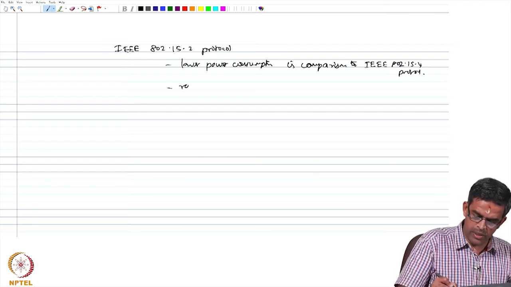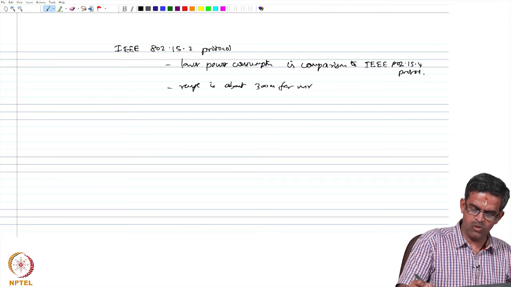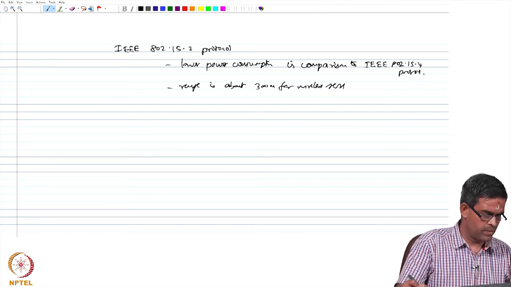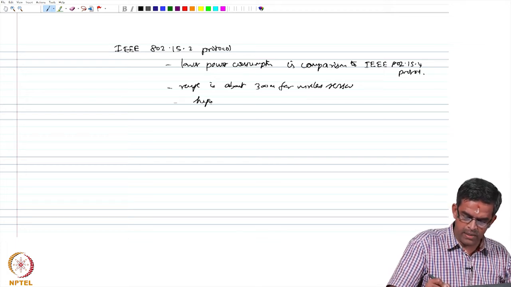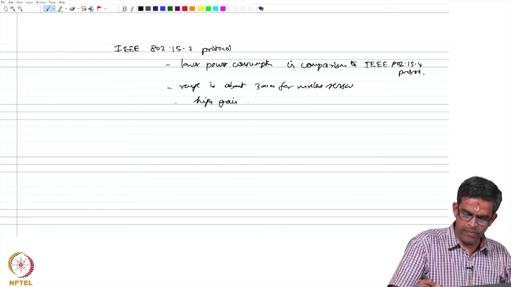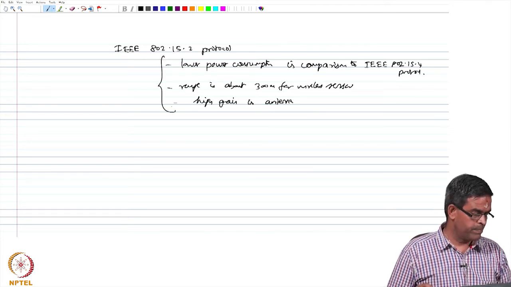The range is about 300 meters for the wireless sensors to be connected, and there is a high gain in antenna signal. So, these are the positive points you can look for in this particular protocol.